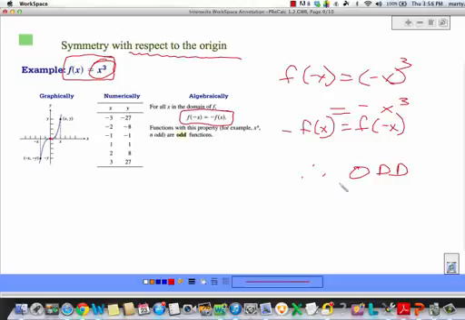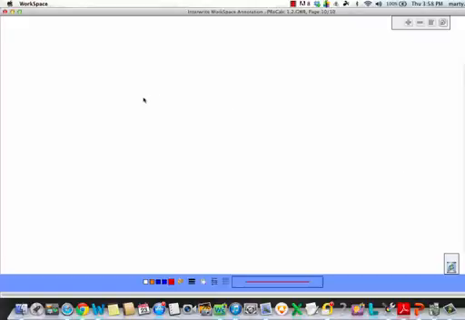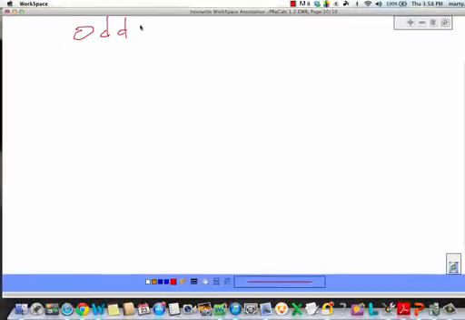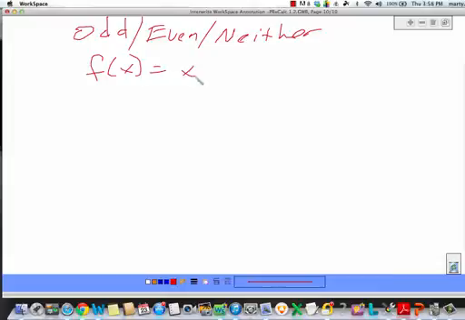So if you're asked in your homework to check whether something is an odd function or an even function, for example, you're going to say, tell whether it's odd, even, or neither. And it gives you a function. Say it gave you f of x equals x squared plus 3.